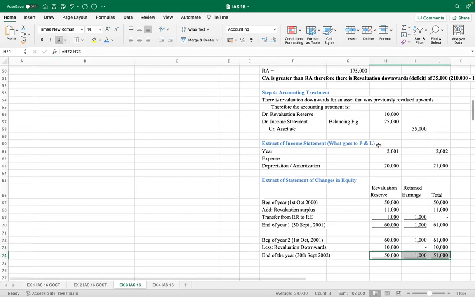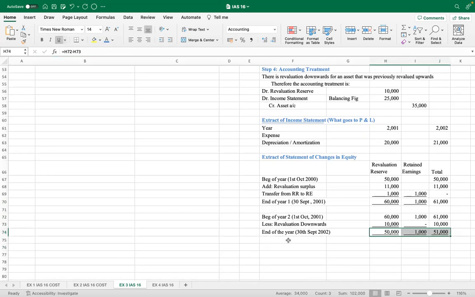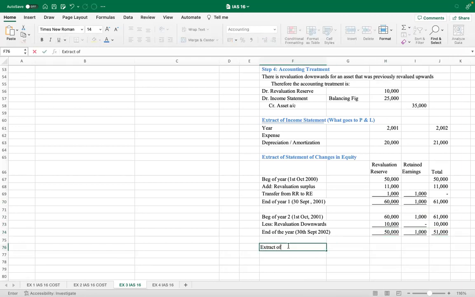Extract means part of. Finally, extract of balance sheet, of statement of financial position. Now, extract of statement of financial position, I'll have 2 years, 2001, and I'll have the year 2002.